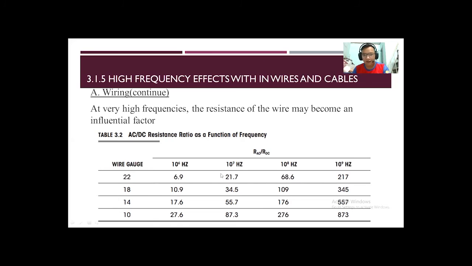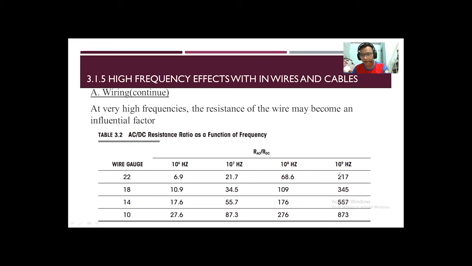But if the frequency increases like that, the resistance will increase too. Here it is 217. Wow, that's so big, right?